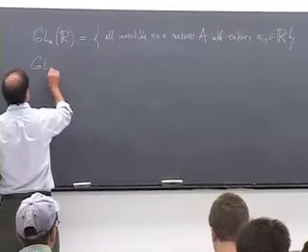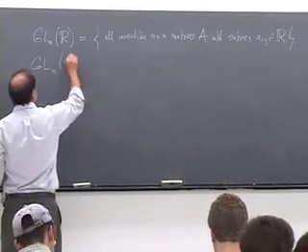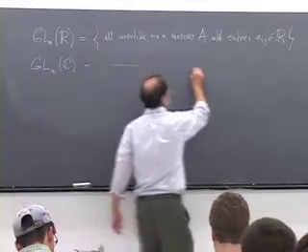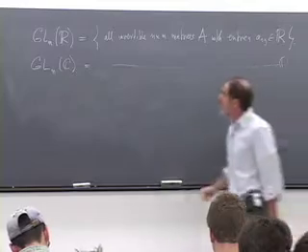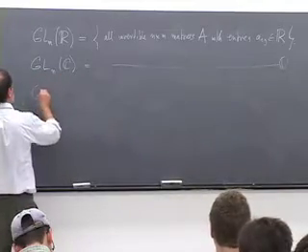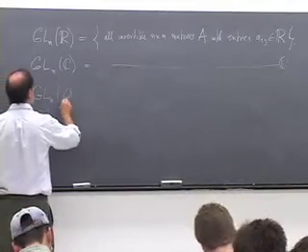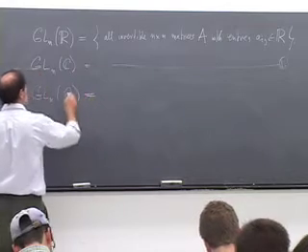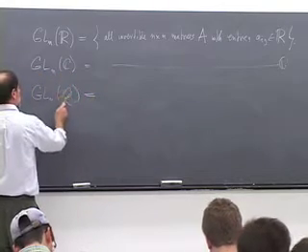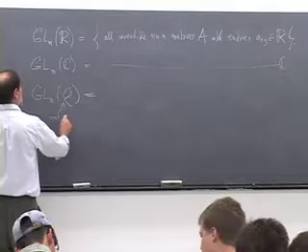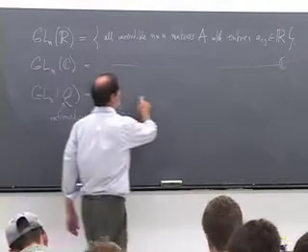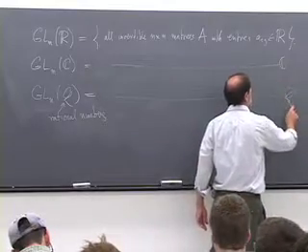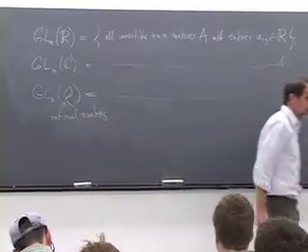You could also define a group GL_n(C), the same thing, where the entries of the matrix were complex numbers. Or you could define the group GL_n(Q), where the entries are rational numbers, the field of rational numbers. We'll start with the real numbers.